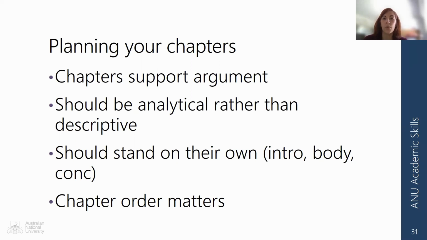Okay, so we read a lot of chapters when HDR students send us their chapters that are very descriptive. So you want to make sure you're making your argument. Even if you said it in the intro, remember, we need that all along, us readers of English academic writing. So you've got to keep telling us what is your argument for this chapter? What is the point of this chapter?